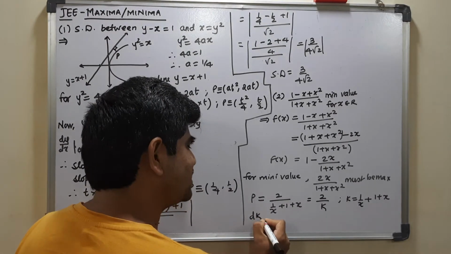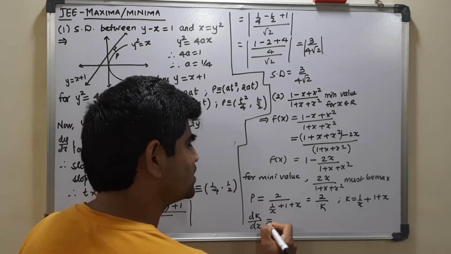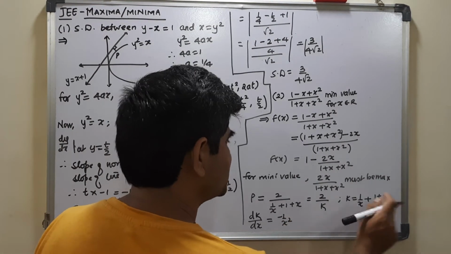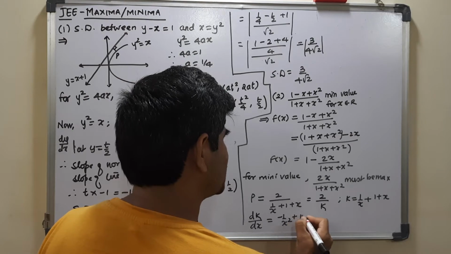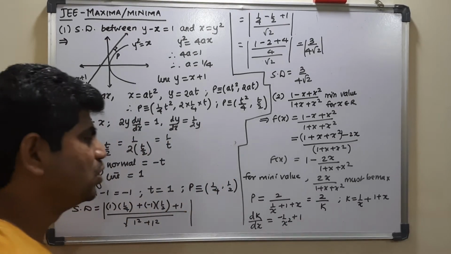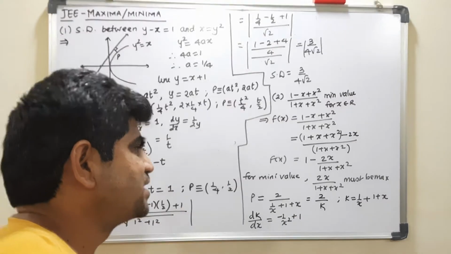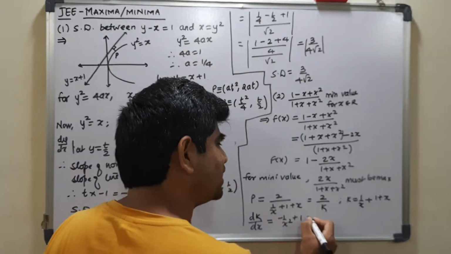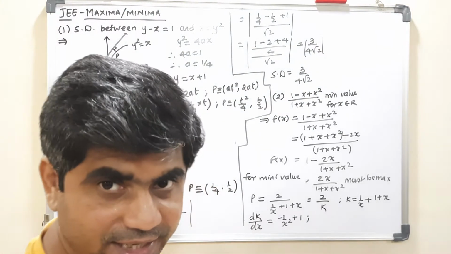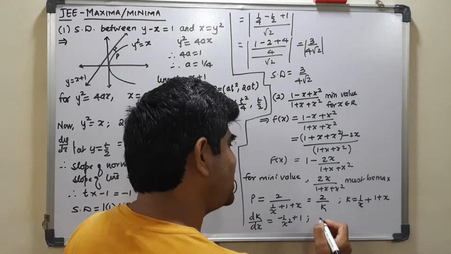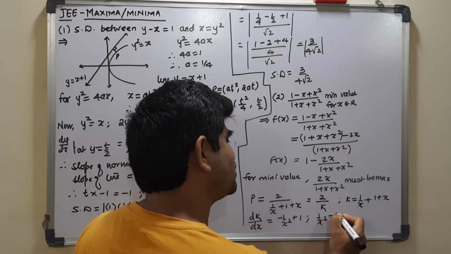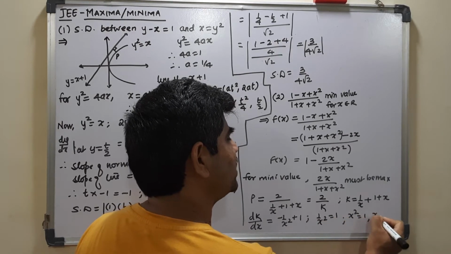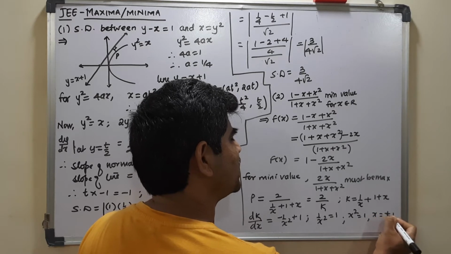So I am taking dk by dx is equal to minus 1 by x square. This is 0 and this is your plus 1. Okay, so you get dk by dx to be minus 1 by x square plus 1, the derivative, and to get the critical point dk by dx must be equal to 0, indicating that 1 by x square is equal to 1, indicating x square is equal to 1, showing that x is equal to plus or minus 1.